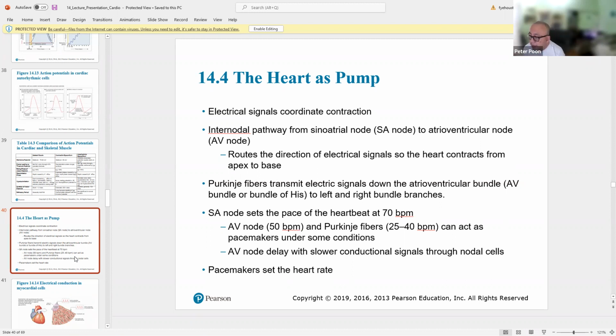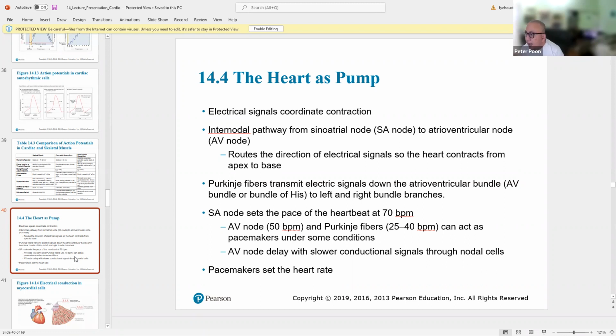In reality, the SA node by itself actually sets the pace of the heartbeat at about 100 beats per minute. Your vagus nerve, in combination with the SA node, sets the pace at about 70 beats per minute. If your SA node doesn't work, your AV node is also autorhythmic, and it beats at about 50 beats per minute.